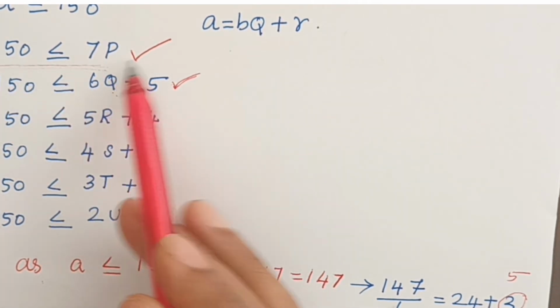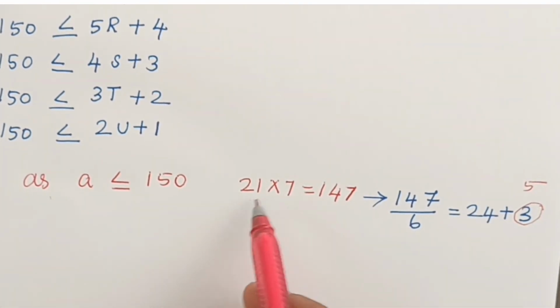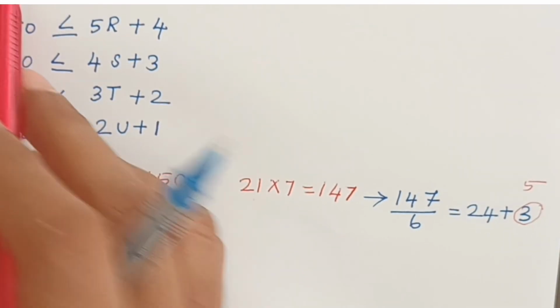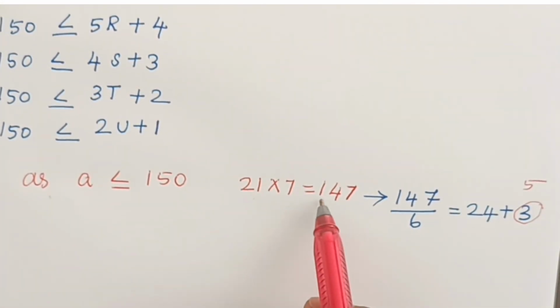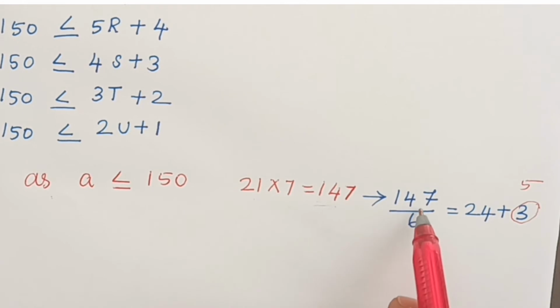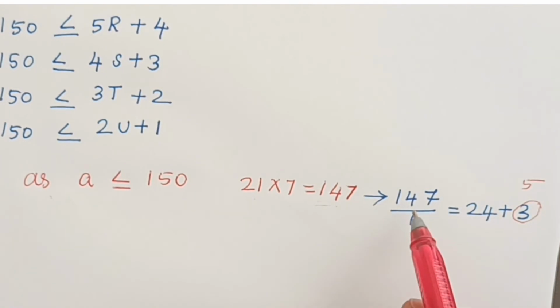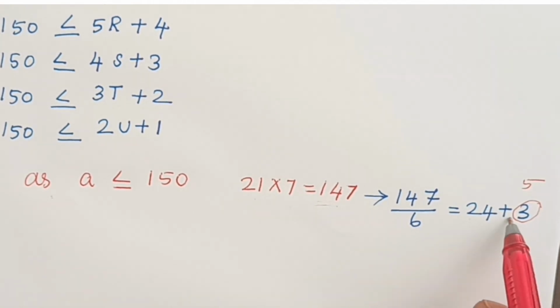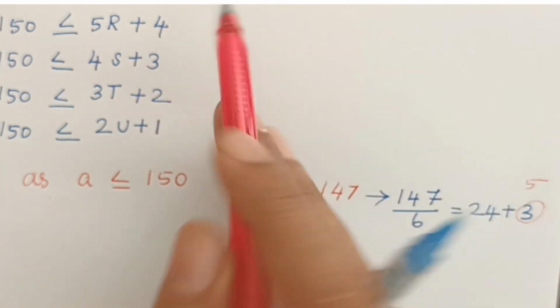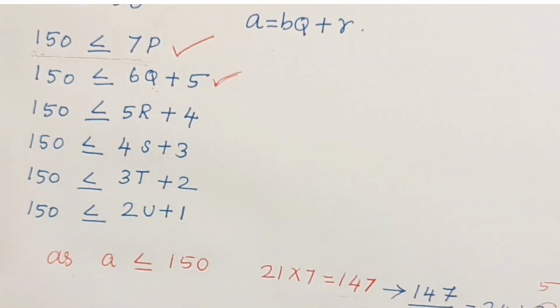So 21 into 7 is 147, the largest multiple of 7 below 150. We take 147 as the dividend and 6 as the divisor. We got 24 as the quotient plus 3 as remainder, but we need 5 as the remainder. So it is not right.